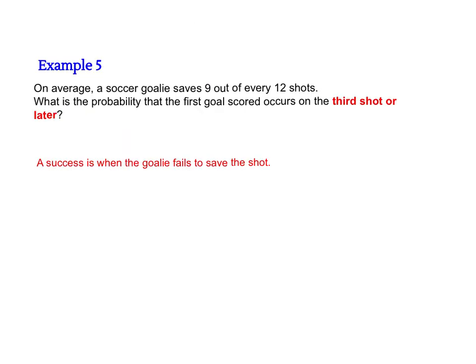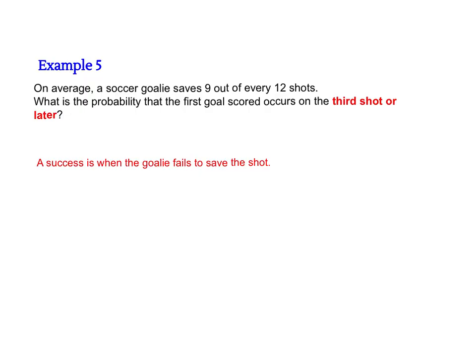Last example: on average, a soccer goalie saves 9 out of every 12 shots. What is the probability that the first goal scored occurs on the 3rd shot or later? Because he saves 9 out of 12 shots, only 3 out of 12 shots go in.